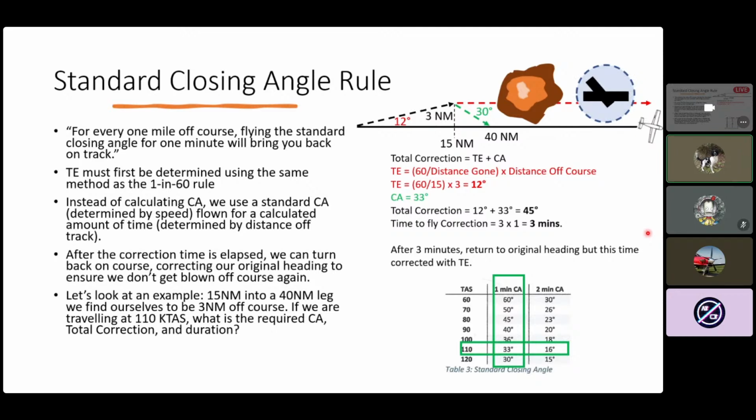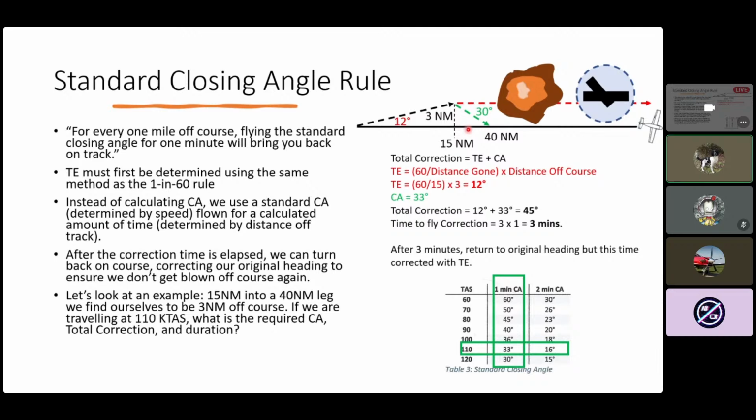Now you can do this with the 1 in 60 rule, but it requires a lot more calculation because you'd have to work out a closing angle in 5 miles. And then the maths would become a bit harder because you're not just working with small numbers, small divisors and multipliers, you'll be working with bigger divisors and multipliers. So you can still do this with the 1 in 60 rule, but you would have to say, okay, I'm 15 miles in, I'm 3 miles off course.